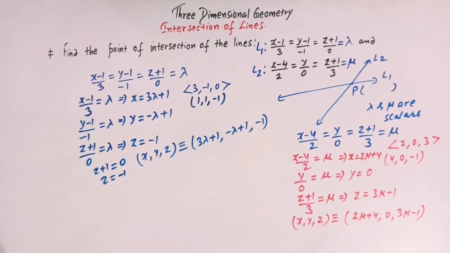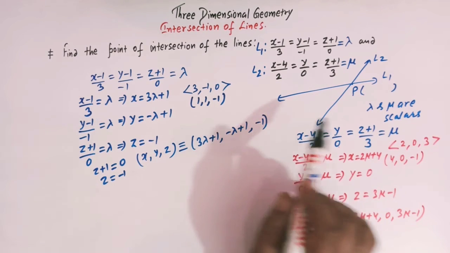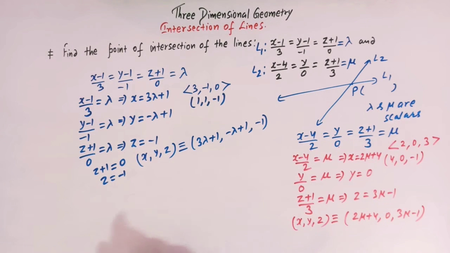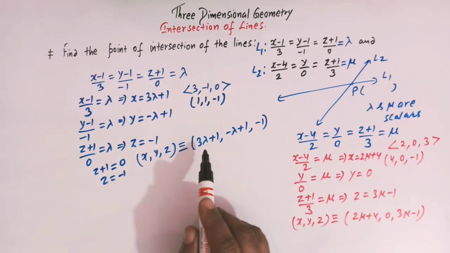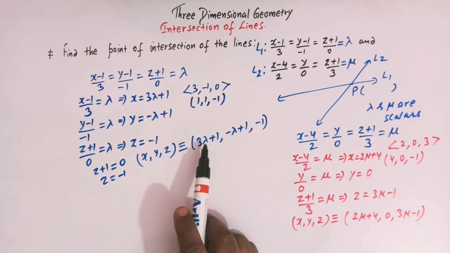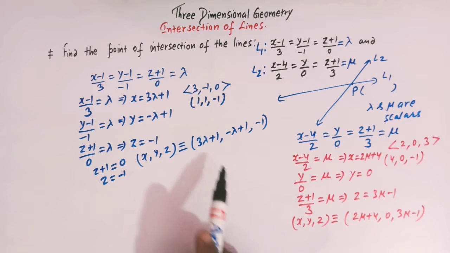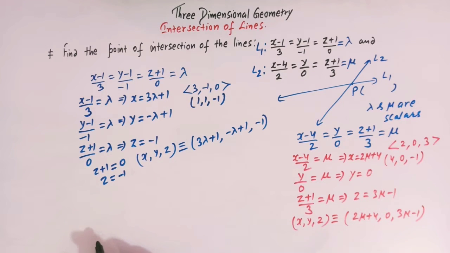So here these two lines L1 and L2 intersect. It means the lines are coplanar, and here when we find the point of intersection, it means there must be some common value of lambda and mu for which these two coordinates must coincide, right?